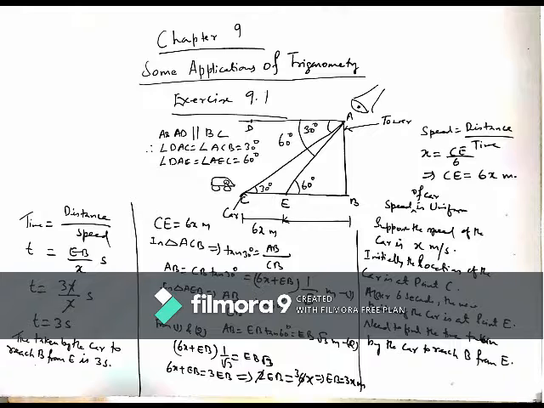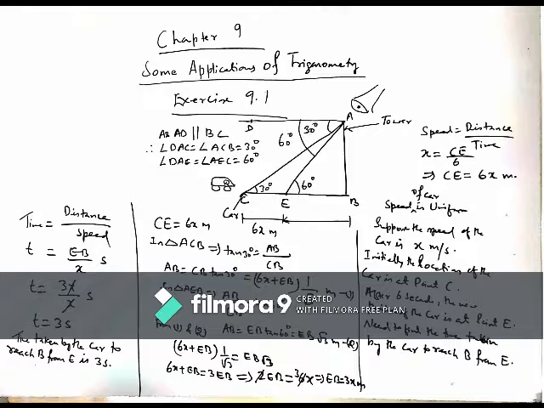So t is equal to 3x divided by x. The x gets cancelled and we get t equal to 3 seconds. So the time taken by the car to travel the distance EB, from E to point B, will be 3 seconds. Yes or no? So it has taken 3 seconds, and this is the answer.